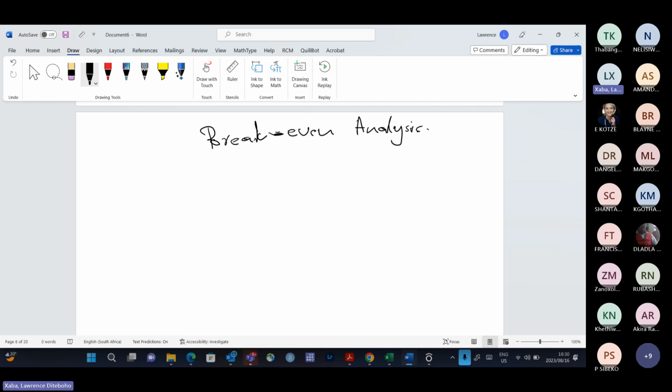For us to calculate the break-even point, we'll have to talk about your total revenue and your total cost. We already discussed the total cost and the total revenue. In the previous lecture, we were calculating the TR and the TC with the objective of getting our profit.